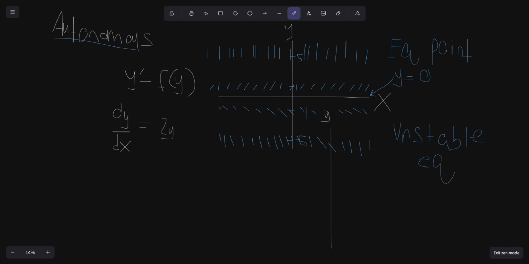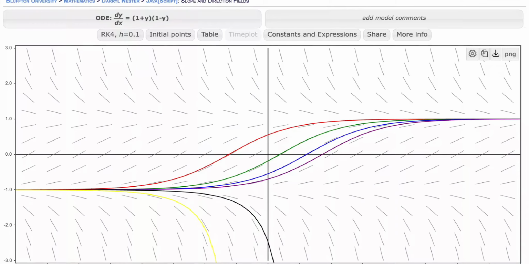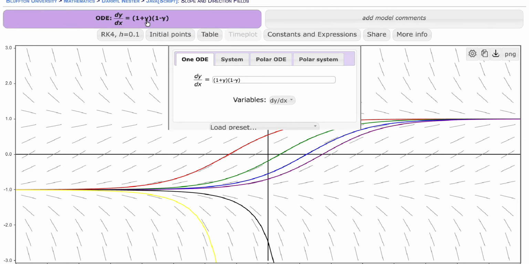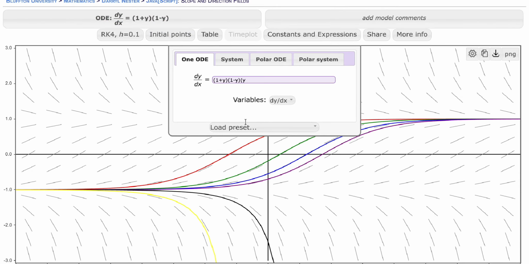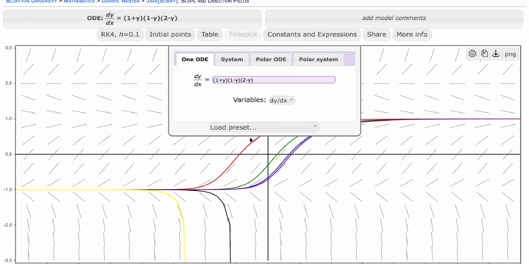Okay? And so let me just pull up a simulation real quick. So right over here, I have the equation dy over dx is equal to 1 plus y times 1 minus y, and let's add a 2 minus y, all right? Let's add that.